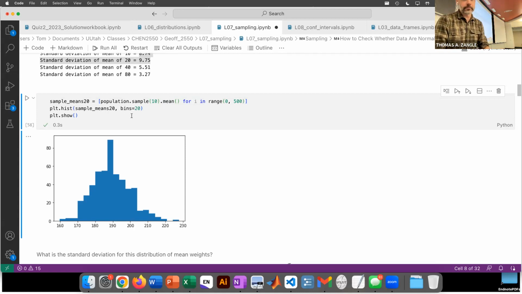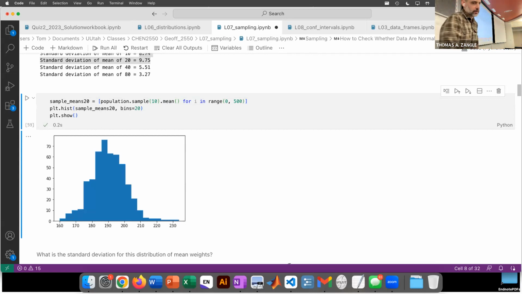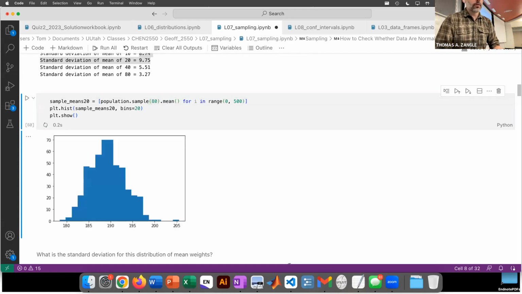We can run this again. And again, we see that's not a fluke, that in fact we do have a wider distribution here than we did when we had a sample size of 80. Okay. So again, aligning with intuition, if we're trying to measure, in this case, the average weight within a population, the more people we ask, the better idea we have of what that average value is.